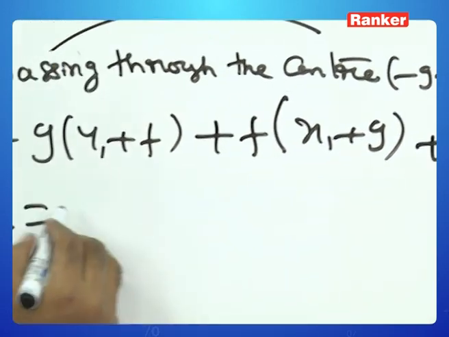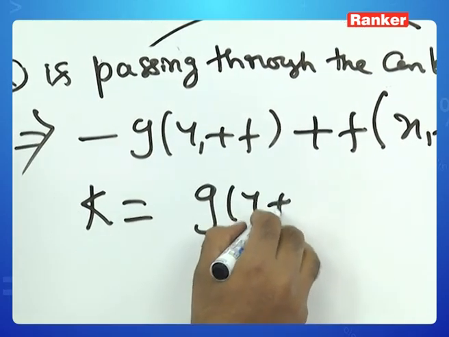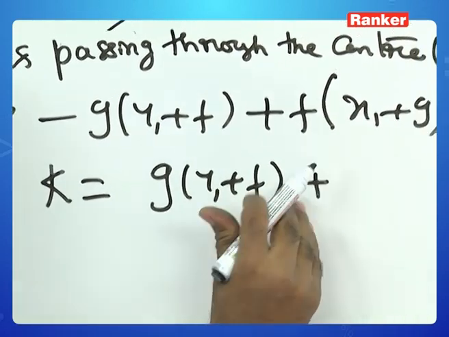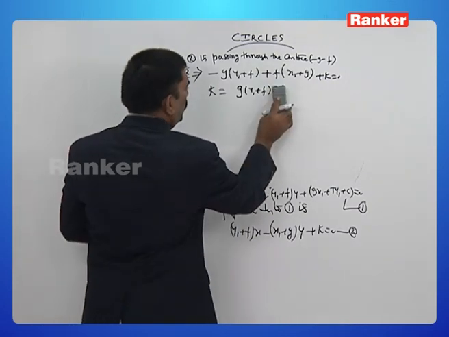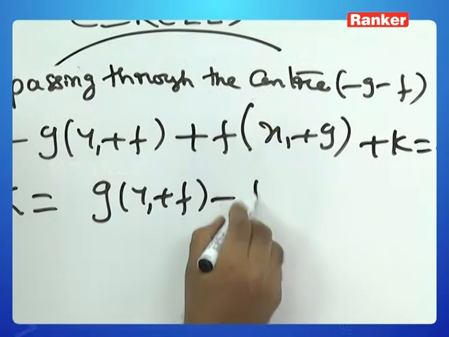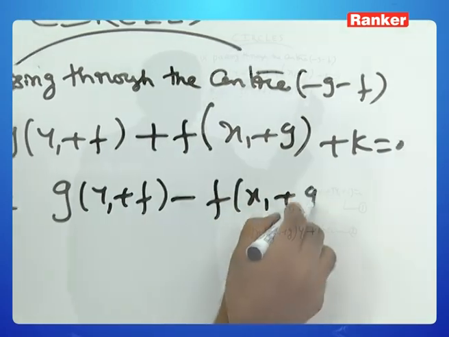Therefore k is equal to g into y1 plus f, plus f into x1 plus g.